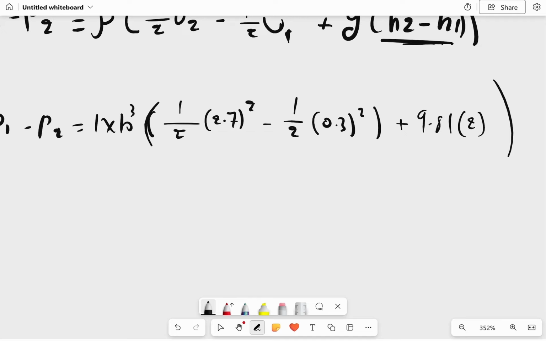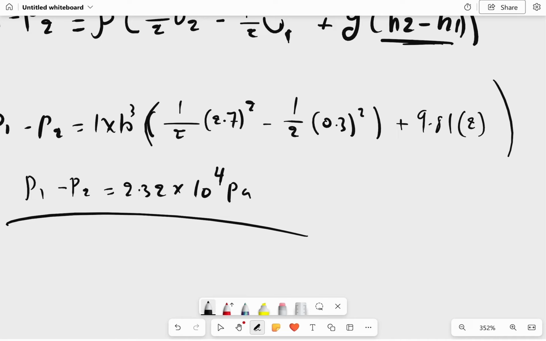Calculate all of this, and you should get P1 minus P2 equal to 2.32 times 10 to the power of 4 Pascal. This is the final result.